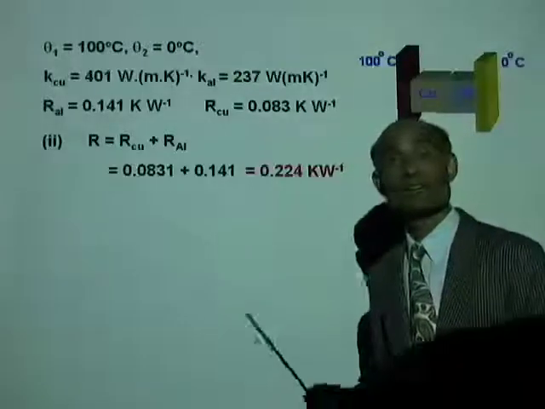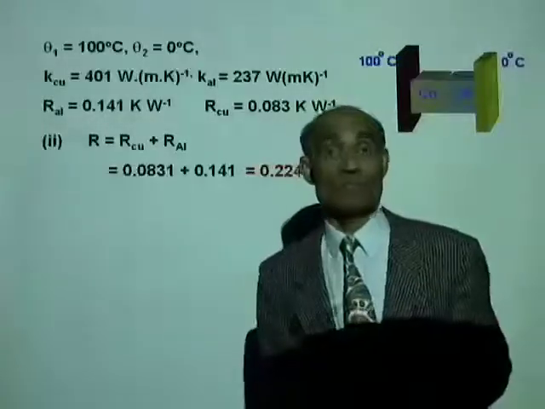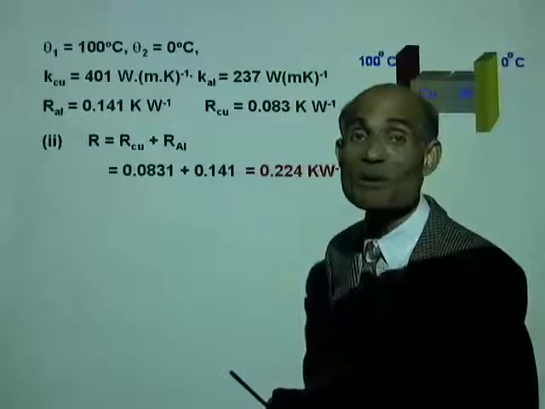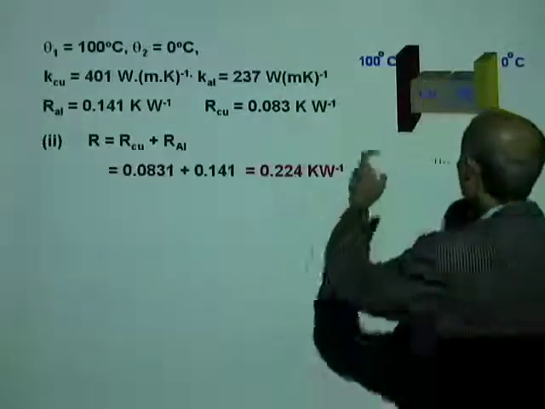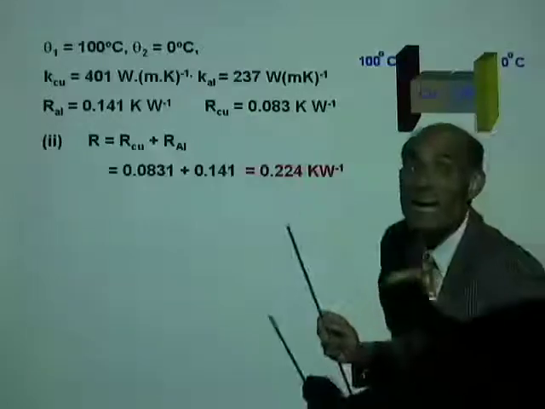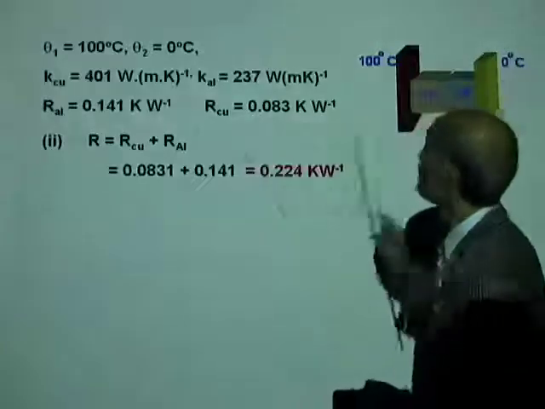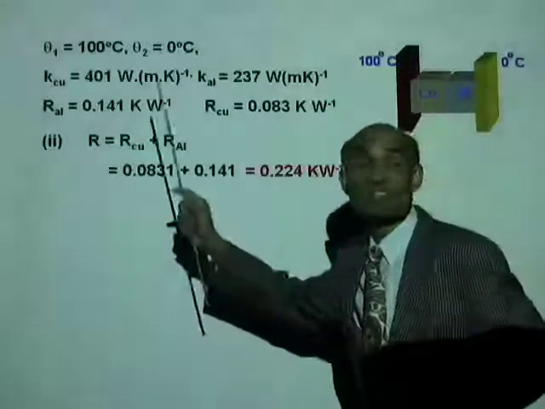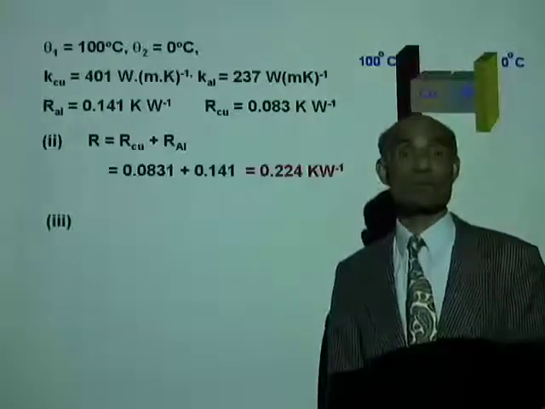Well, can you now use this to find the thermal current? What is the equation that will help you to find the thermal current? Well, we know delta theta, the temperature difference, equals I times R. You know the temperature difference, you know the thermal resistance, therefore we can find the thermal current.